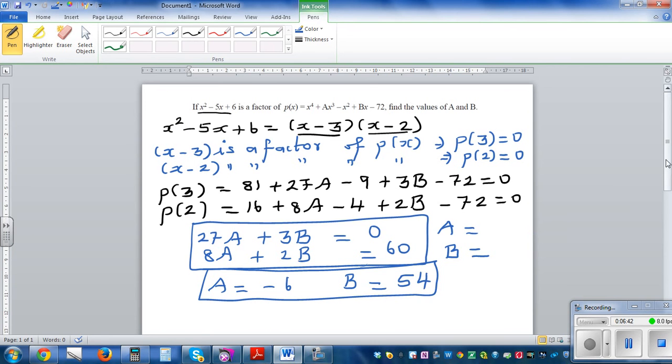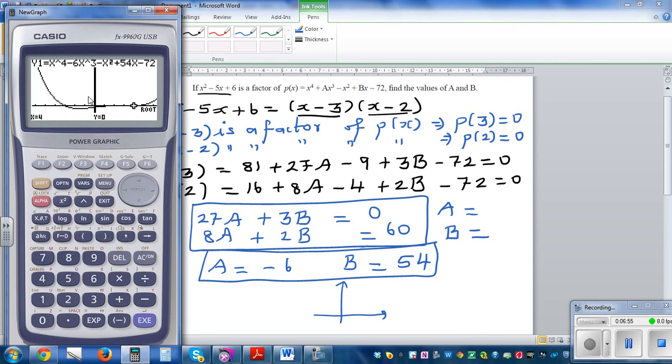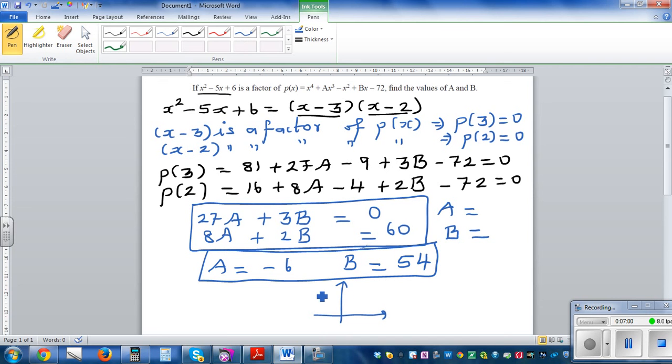So just to explain graphically, if you draw a graph of this, how does it go? So this is going down, up, so the graph is going like this. This is -3, this is 2, this is 3, and this goes up.